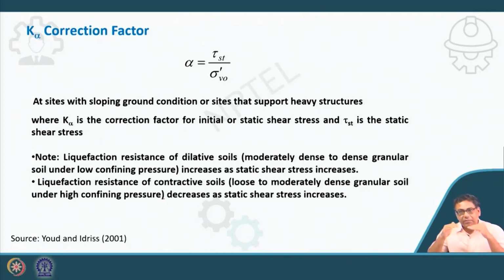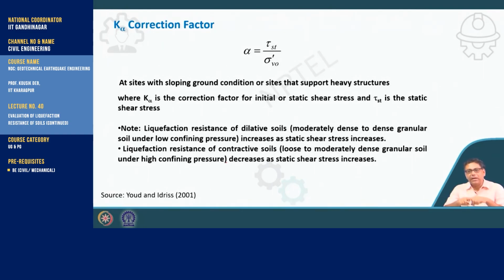There will be a slope, and there will already be a static shear stress along the failure surface of the slope before the shaking is applied. Similarly, if the site is supported by a heavy structure or a building, a static shear stress already exists in the soil.